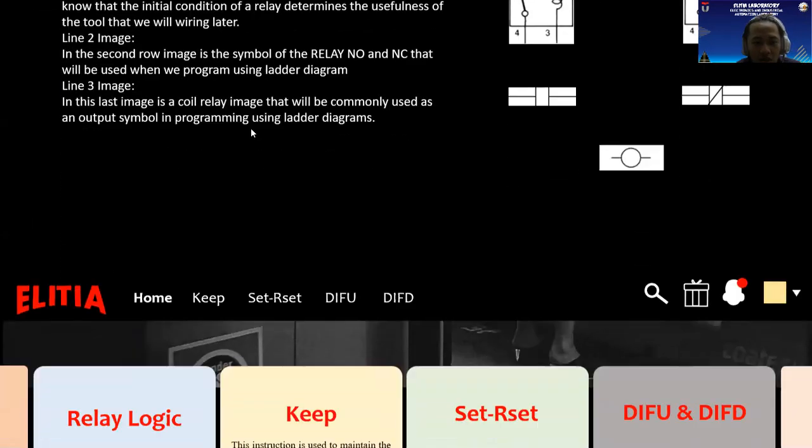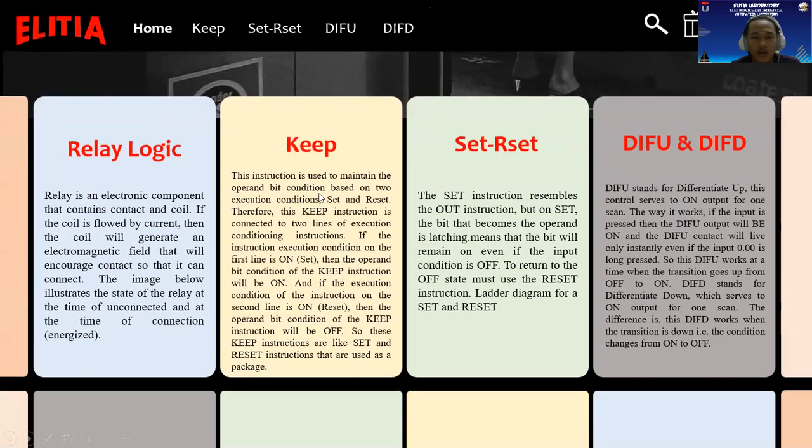Next is instruction keep. This instruction is used to maintain the operand bit condition based on the execution conditions set and reset. Therefore, this keep instruction is connected to two lines of execution condition instruction.